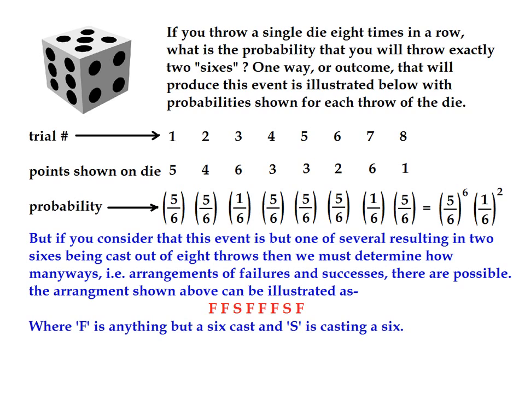So what we have to do now to complete this is to determine the total number of arrangements. For example, what we just calculated was the probability of throwing the 2 sixes on the third throw and on the 7th throw. All of the other throws gave us failures. So what we're looking for is a way of calculating the total number of arrangements possible of 8 items.